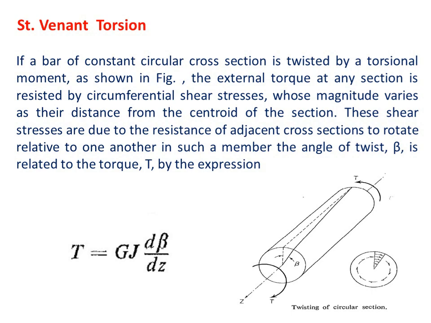The shearing stress is maximum at the extreme end, the perimeter, and minimum at the neutral axis. On the outer surface the shear stress is more, and at the neutral axis it is very low or zero.